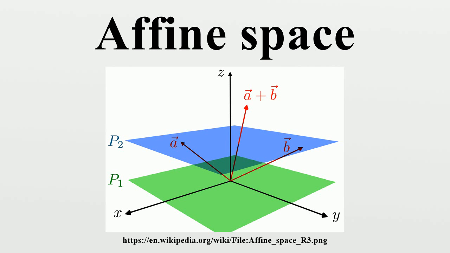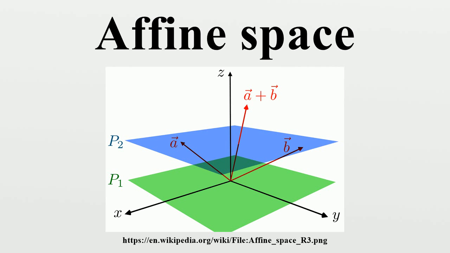Recall the dimension of an affine space is the dimension of its associated vector space. The bases of an affine space of finite dimension n are the independent subsets of n plus 1 elements, or, equivalently, the generating subsets of n plus 1 elements. Equivalently, x0, …, xn is an affine basis of an affine space if and only if x1−x0, …, xn−x0 is a linear basis of the associated vector space.